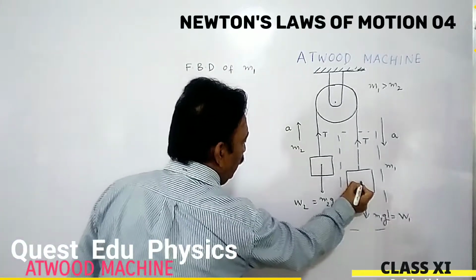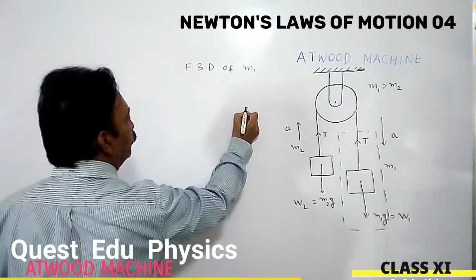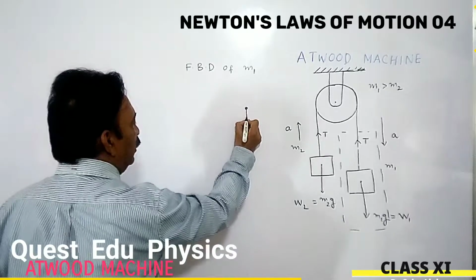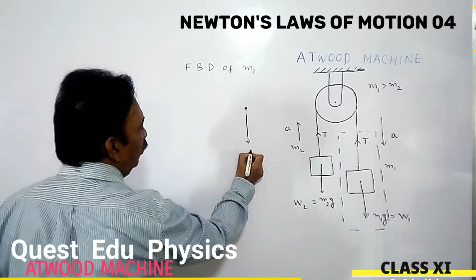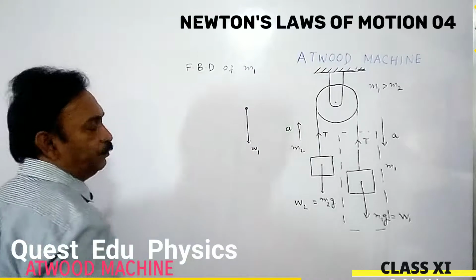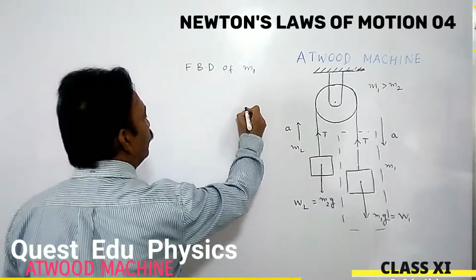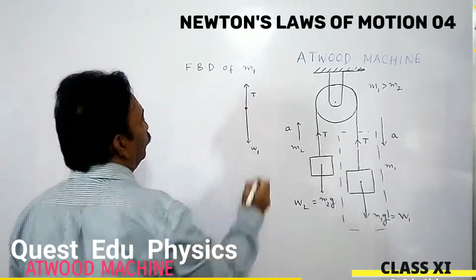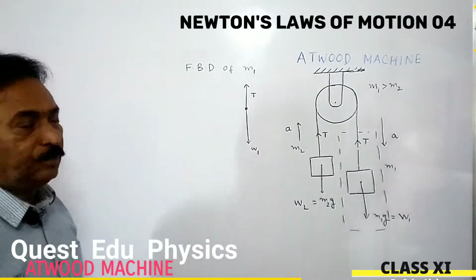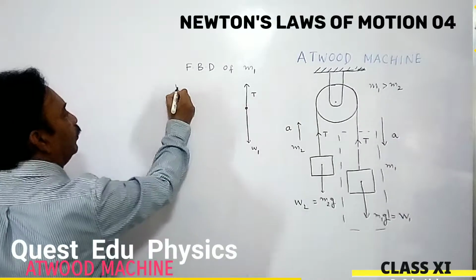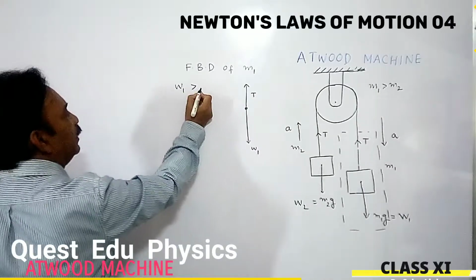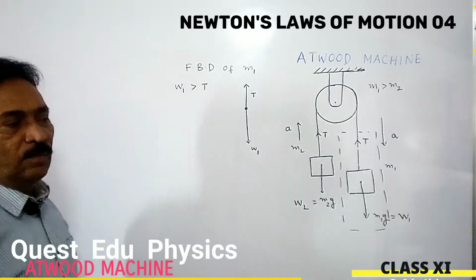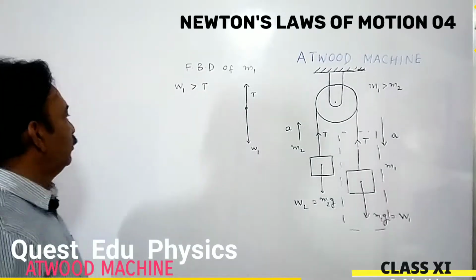If you take it as a point, weight is working vertically downwards. Let's say it is W1, and the tension acts up. I told you here W1 is greater than the tension. These two are the forces.